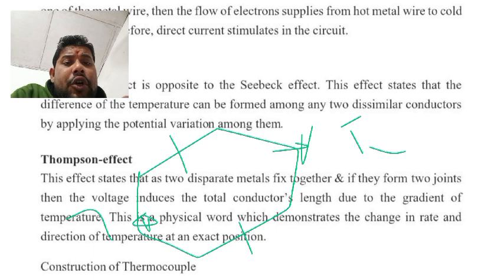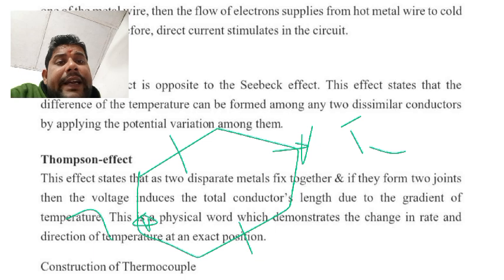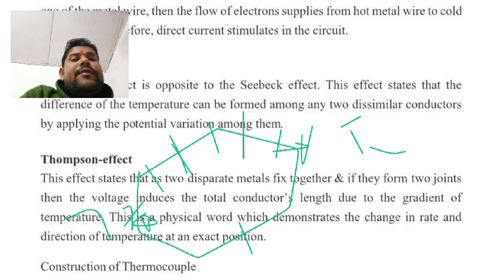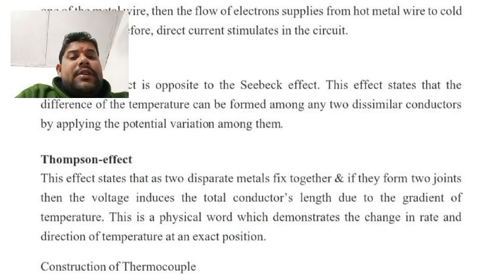Then the voltage is induced because of the temperature gradient, from high to low temperature decreasing. That's the voltage induced because of temperature gradients. This is stated by the Thomson effect.